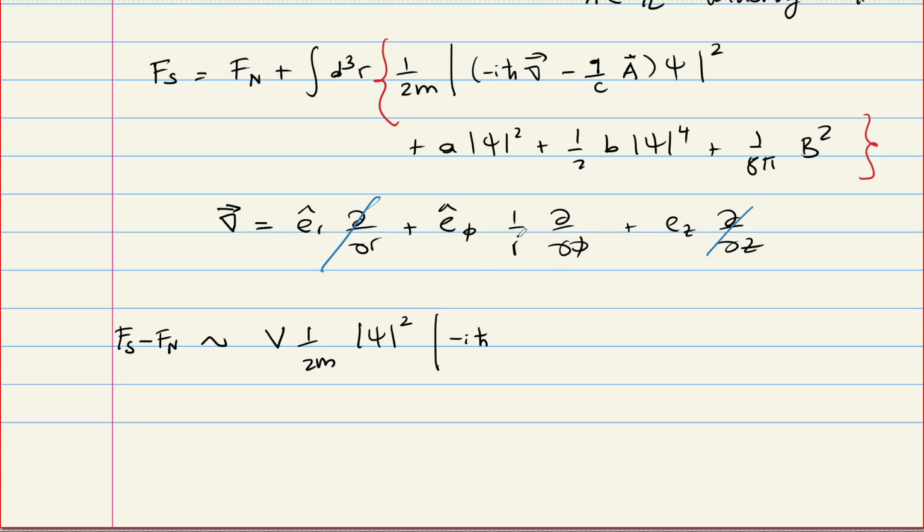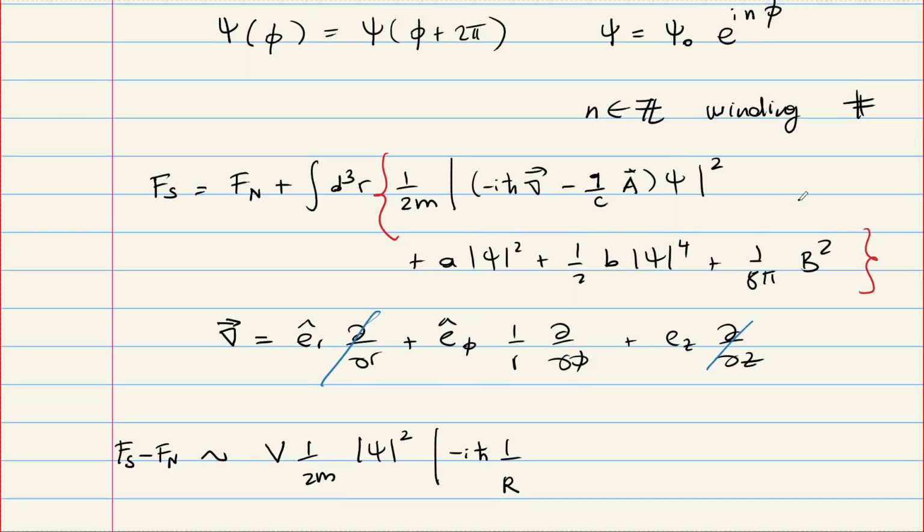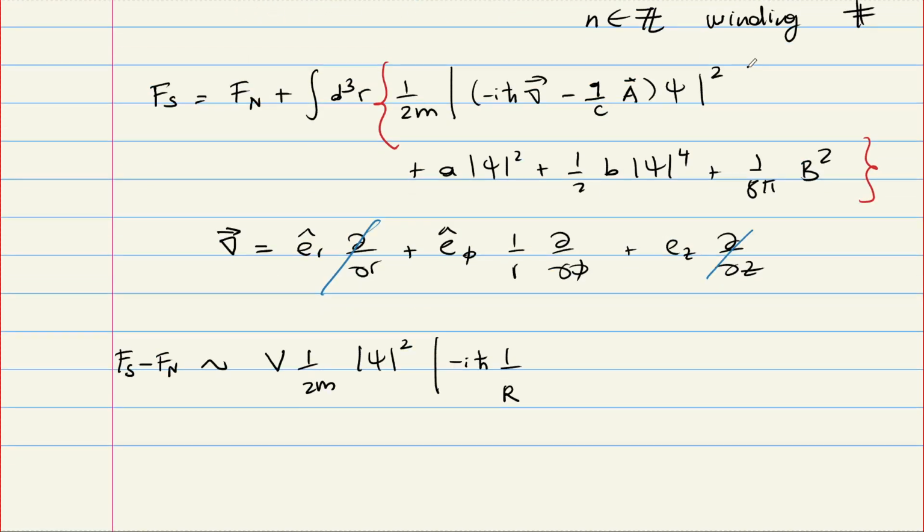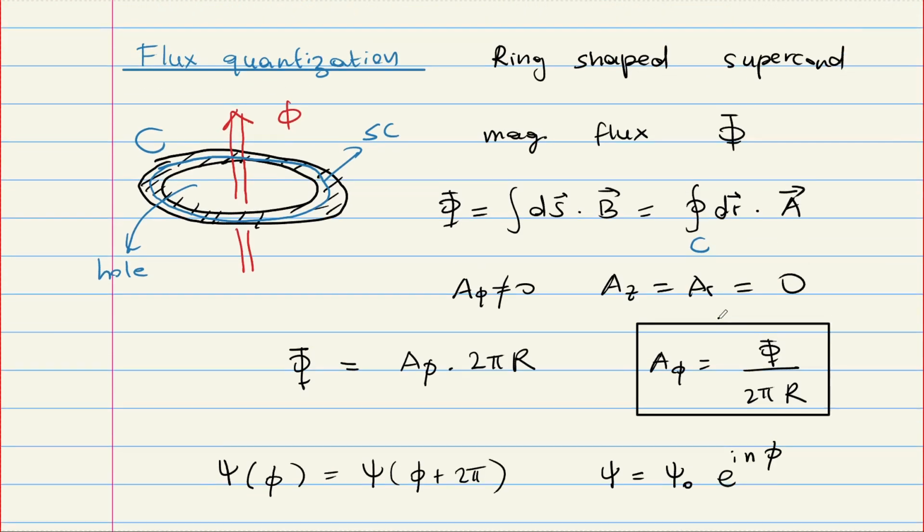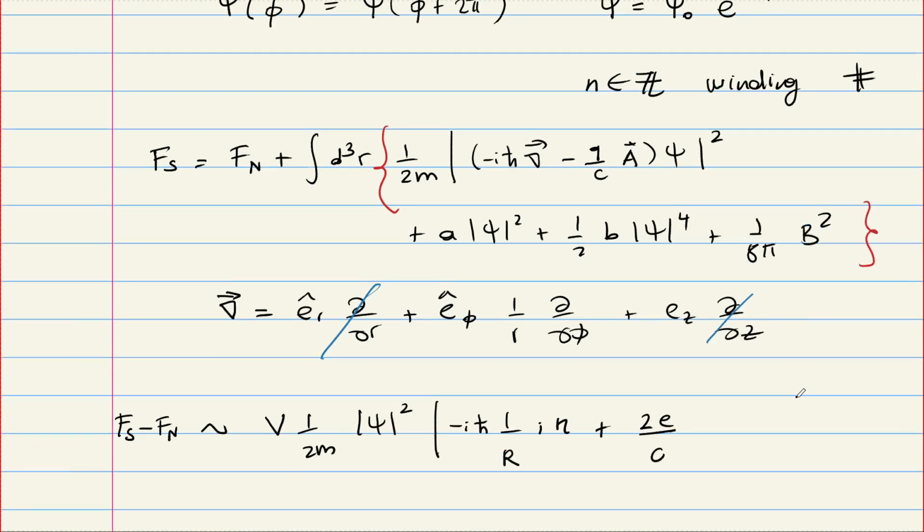And inside, I have minus i h bar. Gradient only comes with this one, and this is 1 over r. And del theta acting on a wave function like this is going to bring i times n. And this part is 2e over c. Now I'm writing A, which is found here, so this is phi over 2 pi r, squared.